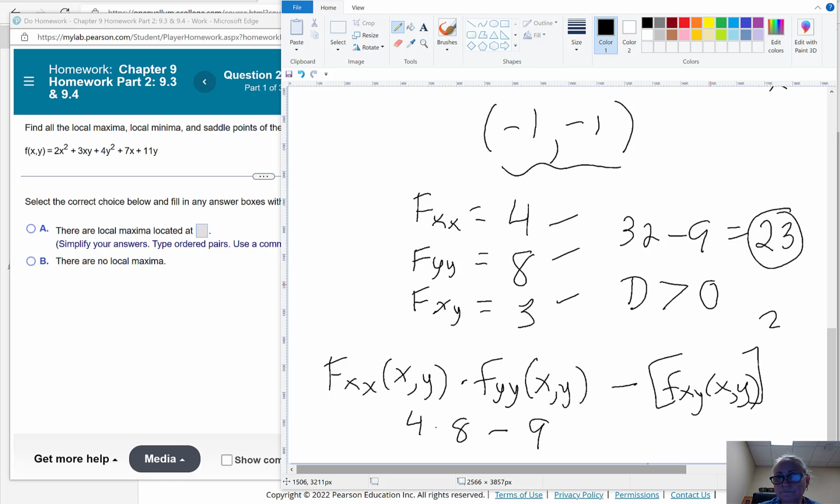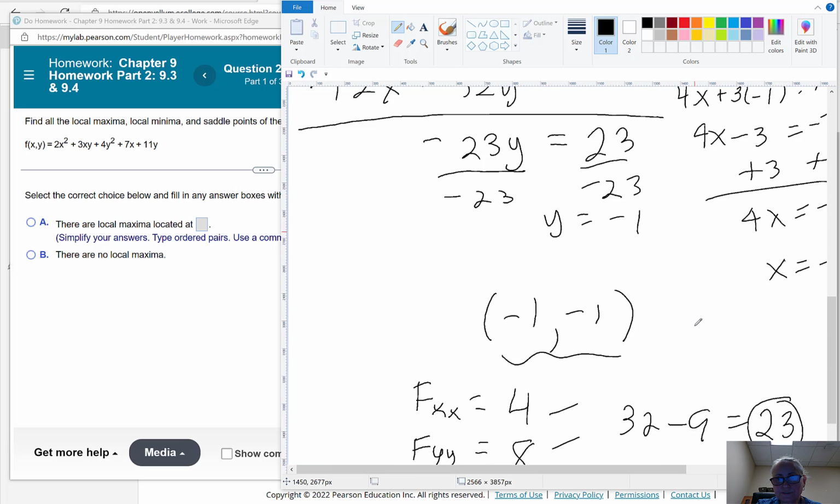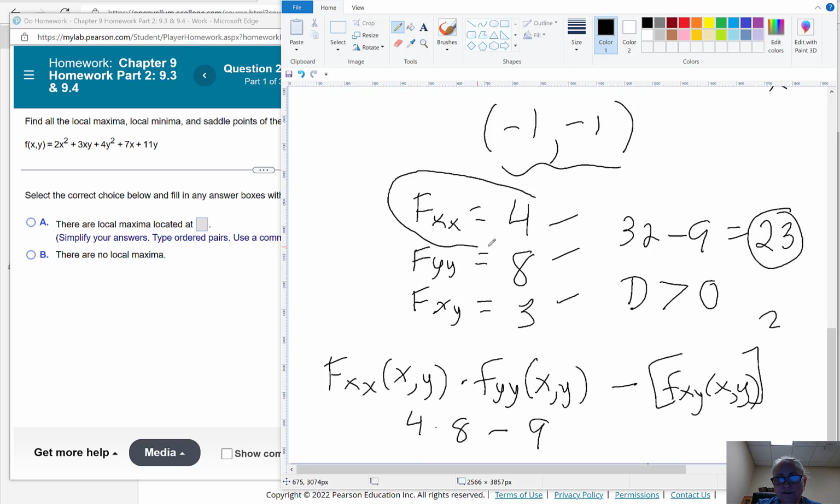D is greater than 0. Okay. Now we have to compare this to f_xx. So D is greater than 0 and f sub xx is greater than 0. That means you have a minimum at the point (-1, -1).